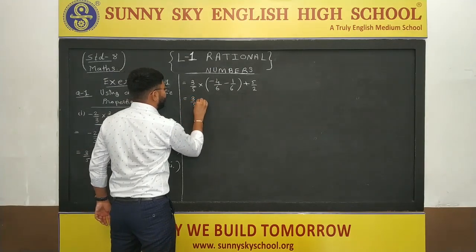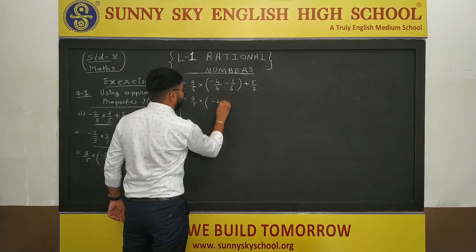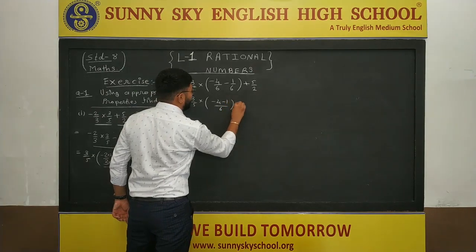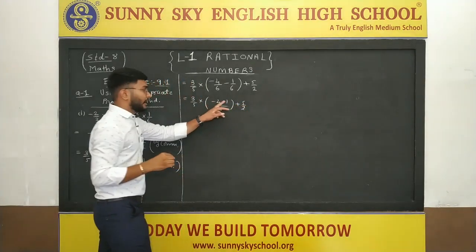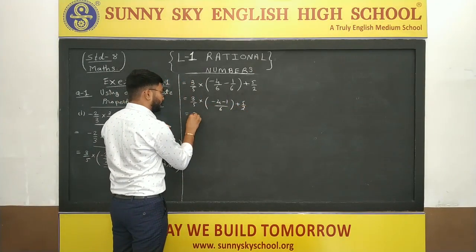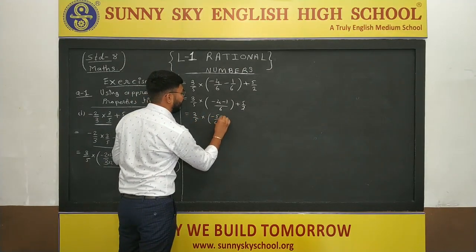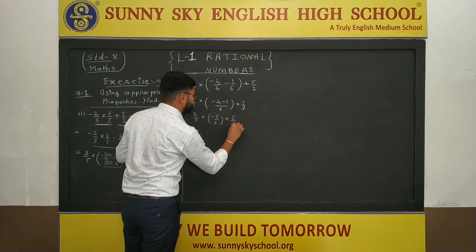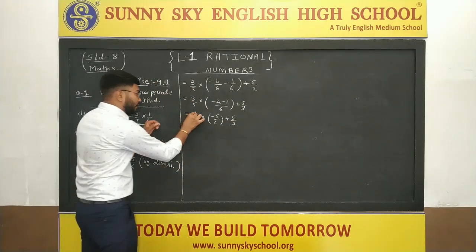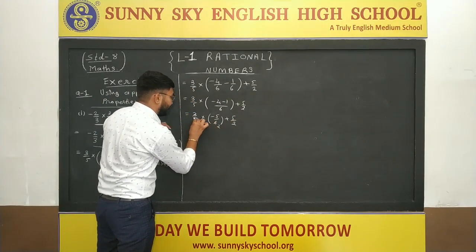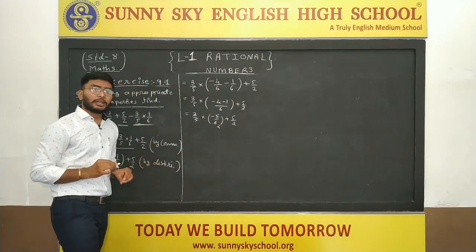3 by 5 multiplied by minus 4 minus 1 divided by 6, plus 5 by 2. Here minus minus gives plus, therefore 3 by 5 multiplied by minus 5 by 6 plus 5 by 2. See, here we can cut: 3 2s are 6 and 5 1s are 5, both are cut.